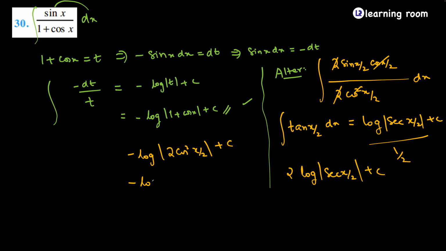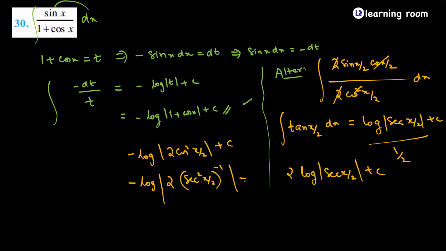So can I write this as minus log of 2 divided by, can I write this as 2 times secant square x by 2 to the power minus 1. This is not secant inverse. Don't get confused. To the power minus 1 means I'm saying it is a reciprocal. Am I clear to this point?